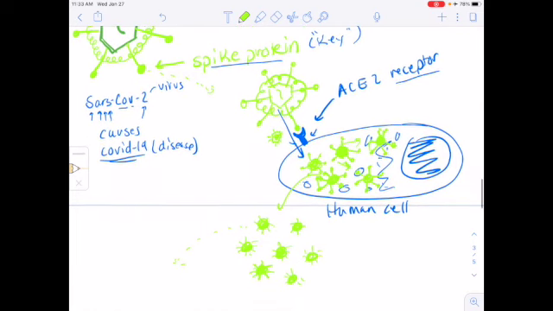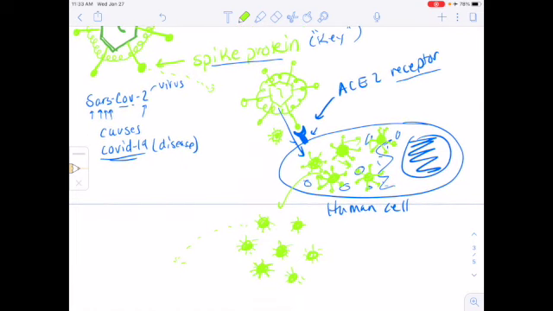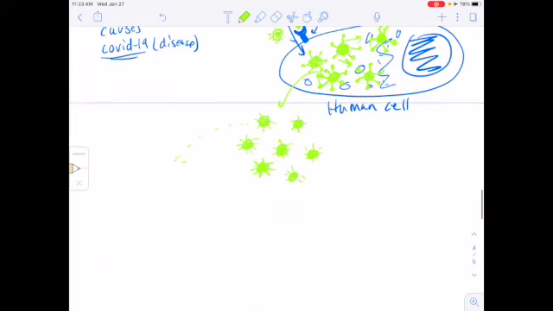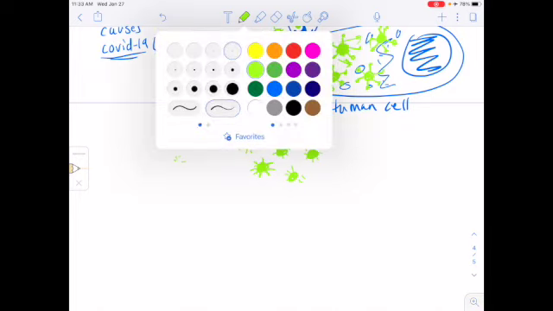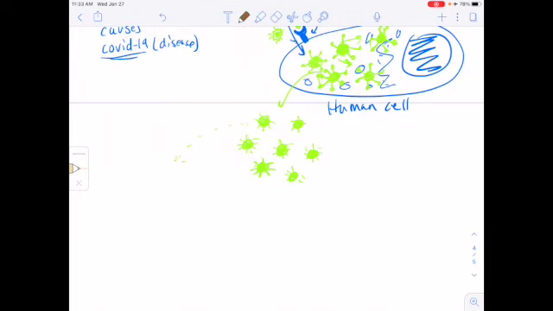So your body has some defenses for being able to fight off a viral infection like that, right? You've probably heard people talking about these things called antibodies. The human immune system will make antibodies against what it sees as a foreign invader.